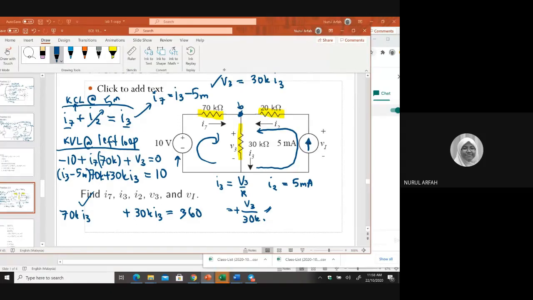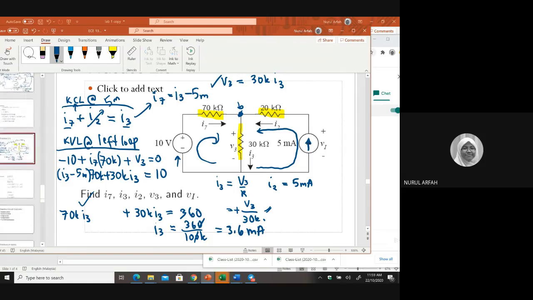And 70 with that 100K. And you can do the math. This is milliampere, 3.6. Is it okay?